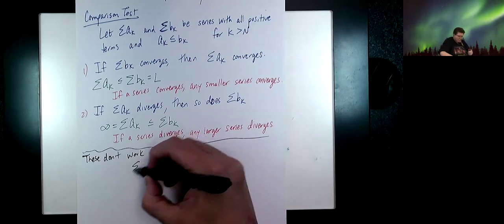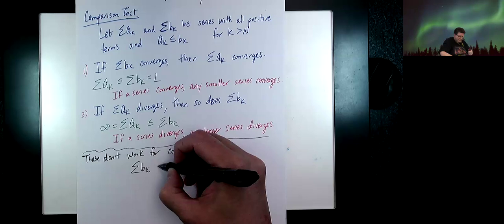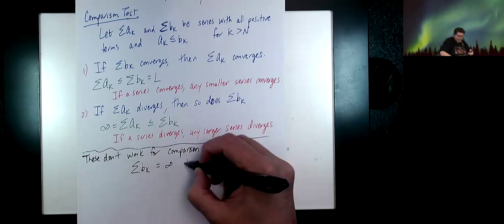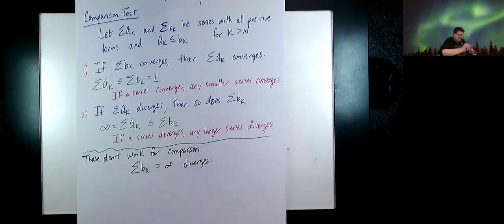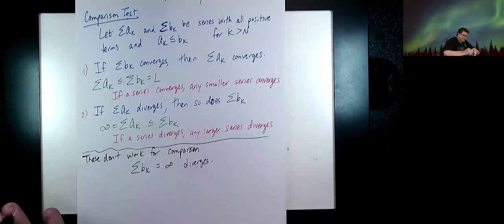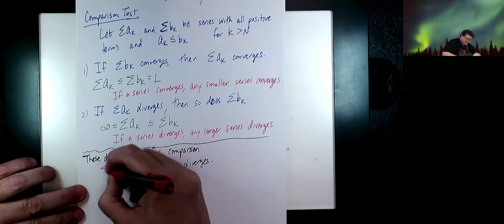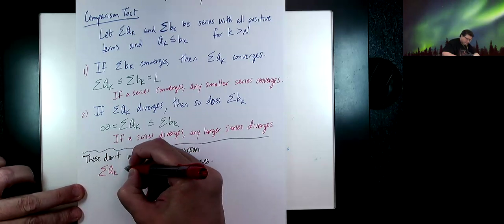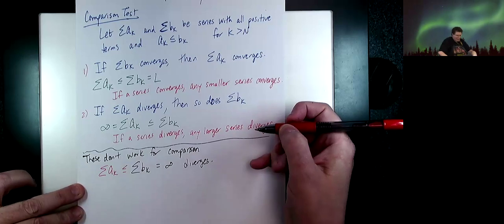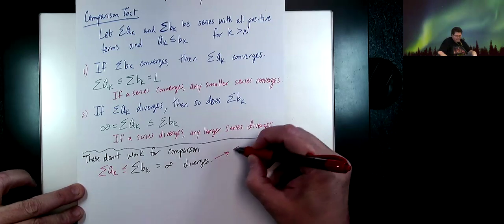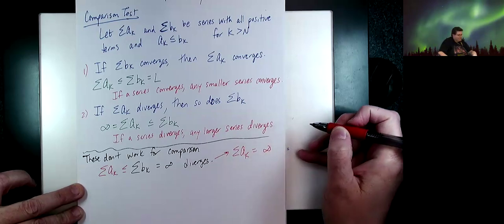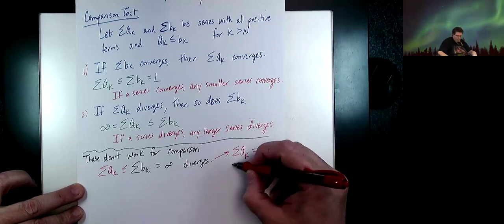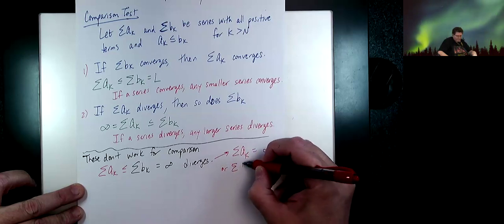If the summation of b sub k diverges or equals infinity, and a sub k is less than it, well, that has two outcomes. It could be divergent also, or it could also just equal some limit.